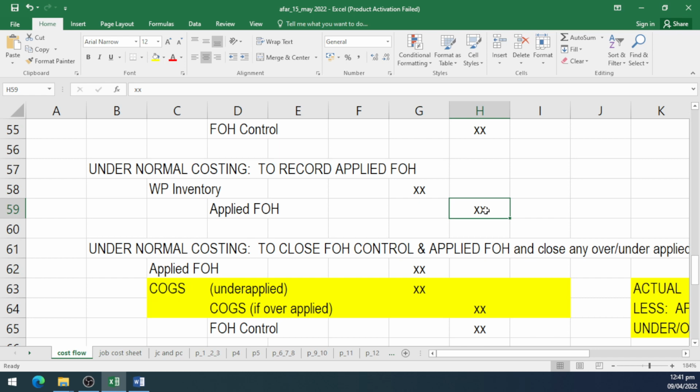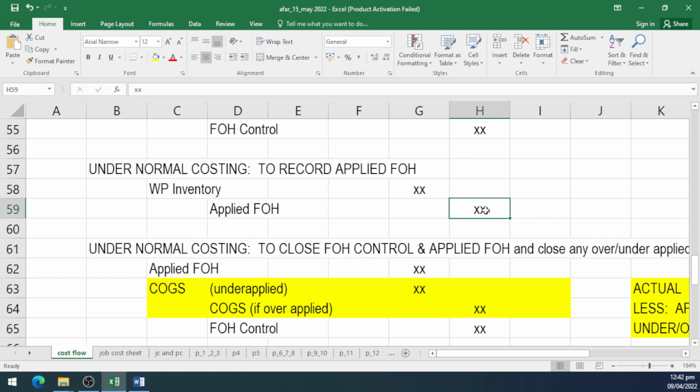Kung ano ang capacity base sa pag-determine ng rate, halimbawa, machine hours, ang overhead rate, kino-compute po yun: estimate of factory overhead or budgeted factory overhead divided by the estimated capacity or normal capacity in most cases.